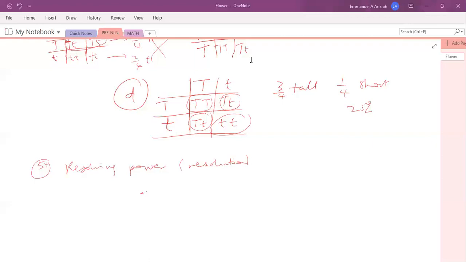Okay, B. Okay, let's go back again. You have red flowers, white flowers, producing pink. Why do you think they are producing a pink color instead of red or just pure white? Remember, we talked about incomplete dominance.